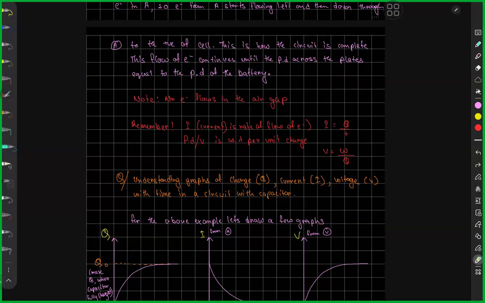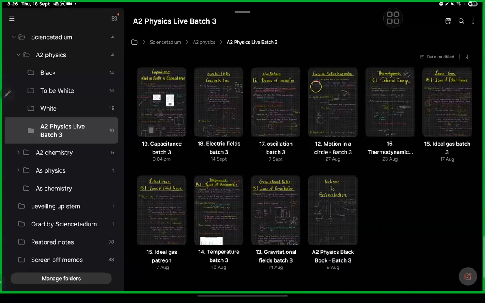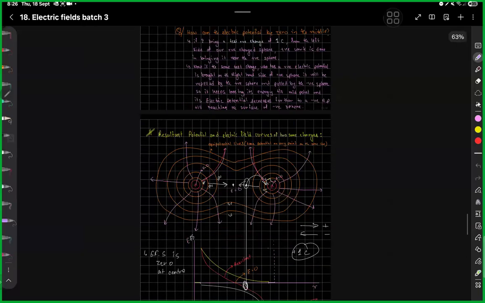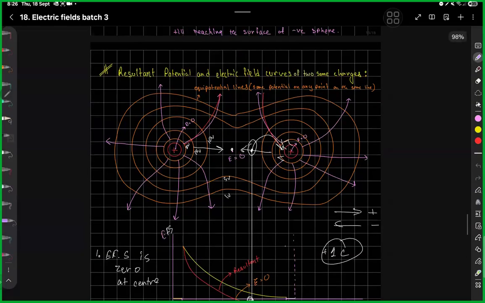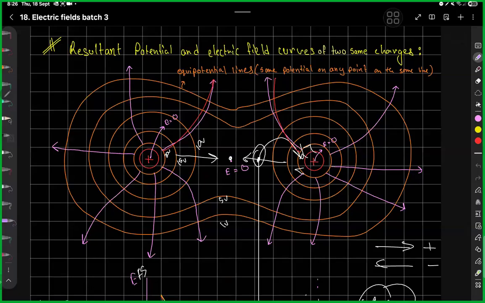When we're talking about electric potential, we say it's the work done per unit charge in bringing it from infinity to a defined point. That statement, work done per unit charge, in essence defines voltage as well. That is why, when you see these potential concentric circles or graphs, it is denoted as voltage.